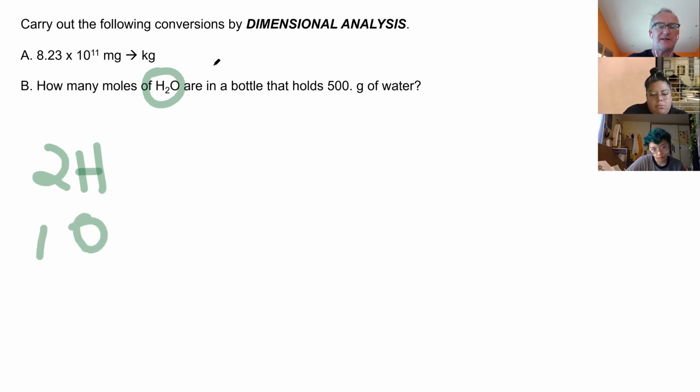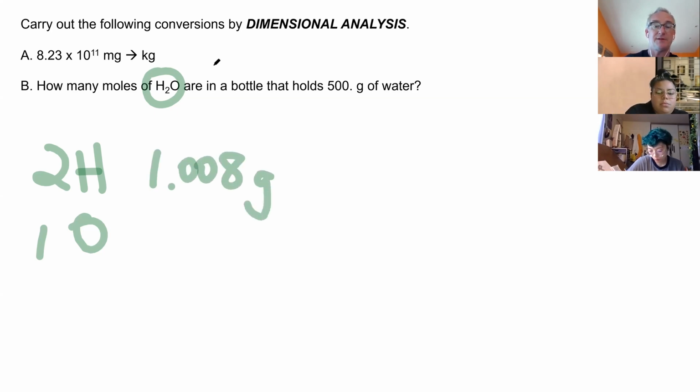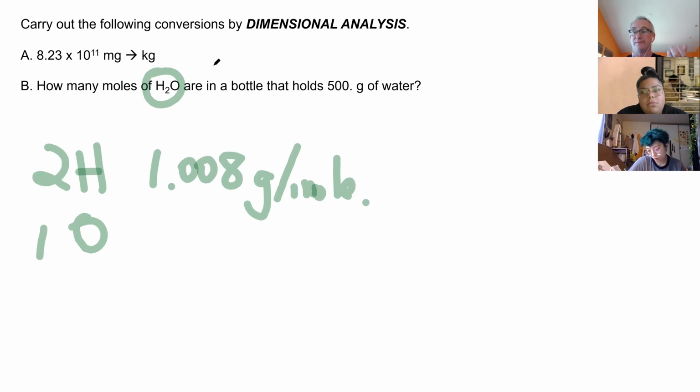So we need to know the mass of 1 atom of hydrogen. Anyone tell me what that is? 1.008. Remember, that's grams per mole. It's also atomic mass units, but we don't really care about atomic mass units because I can't walk over to a balance and weigh out atomic mass units. Grams I can measure. So grams per mole is the important thing.